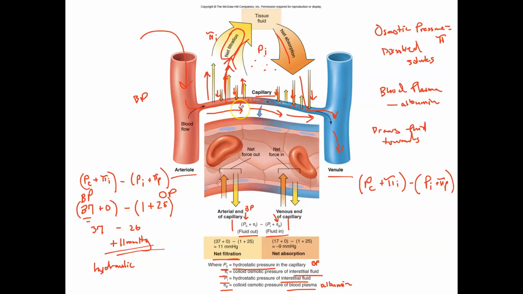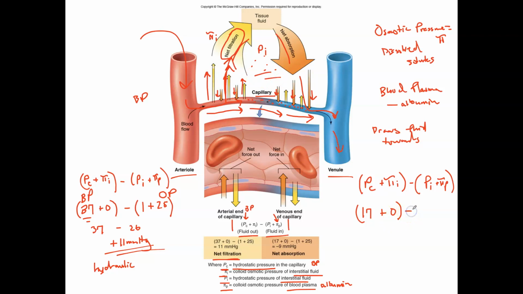As blood flows through the cardiovascular system, as blood is moving through the capillary network, your blood pressure is going to go down. So let's say our blood pressure is now 17. We're still using 0 as our interstitial fluid osmotic pressure because, again, there's very little solutes out in the interstitial space. So we're going to call that 0 for now.